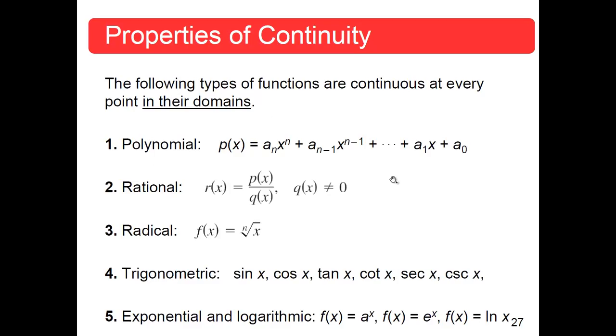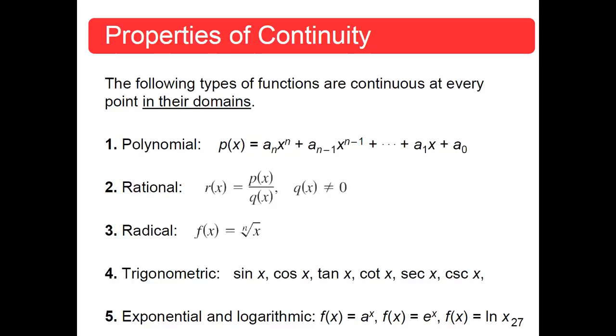Okay, so let's think about this. Polynomials are continuous. We've talked about it on many occasions. Because with polynomials, you're just adding or subtracting or multiplying by scalar multiples. So you have things like x squared, maybe times a coefficient, and then you add other multiples of x and powers to it.